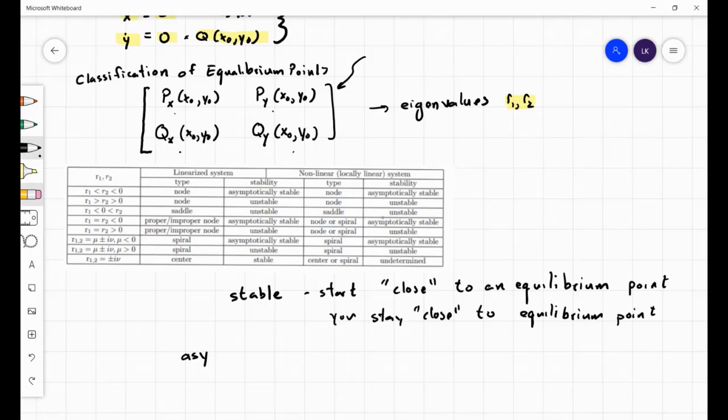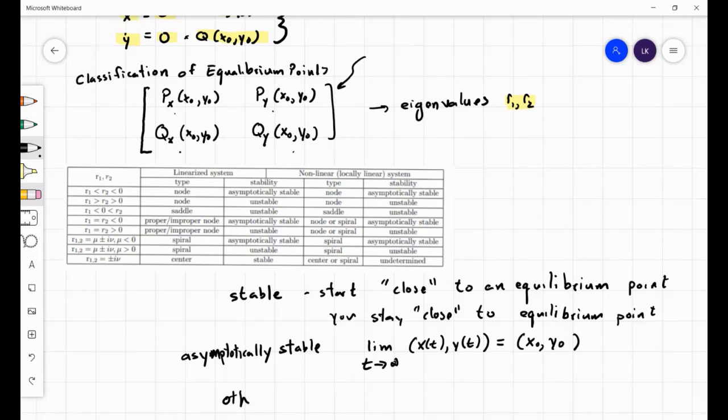Asymptotically stable means that you're a stable equilibrium, but also in the long run as t goes to infinity, as long as you start sufficiently close to the equilibrium point, in the limit as t goes to infinity, you go to that equilibrium point. Otherwise, you just say we have an unstable equilibrium point. But again, these will be determined by the eigenvalues of this matrix.